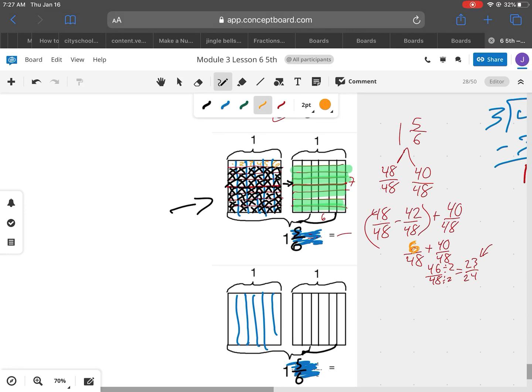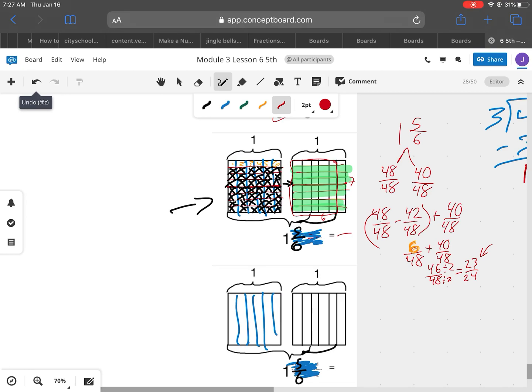And then we still have this section here that we need to add back into it. Okay, that's our 40 48ths. Actually, I'm a little wrong there. It should be all the way up here. All right, we need to add that back in.